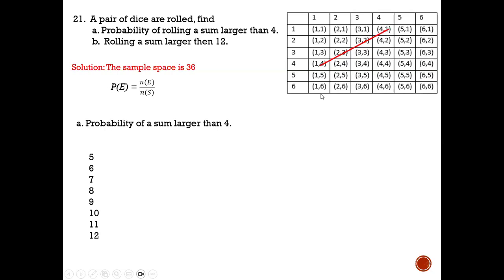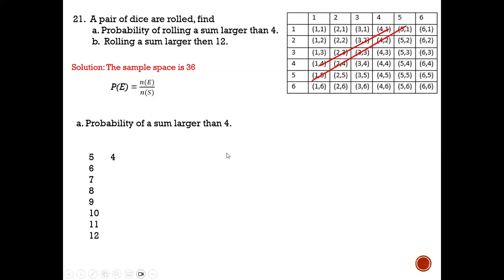So let's see how many we have. All of these in the diagonal, and it works out nicely when we write it like this. All of the values in the diagonal have the same sum. So all of these outputs right here have a sum of 5. 4 and 1, 2 and 3, 3 and 2. That's 4 possibilities with a sum of 5. All of these in this diagonal have a sum of 6.